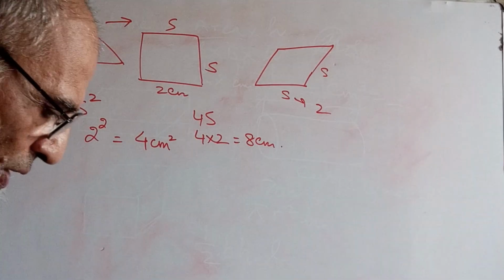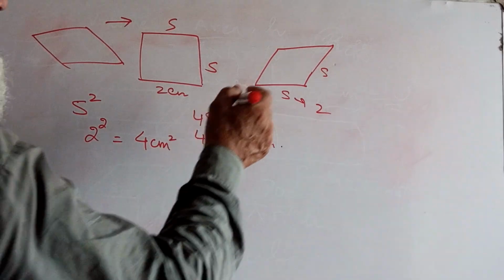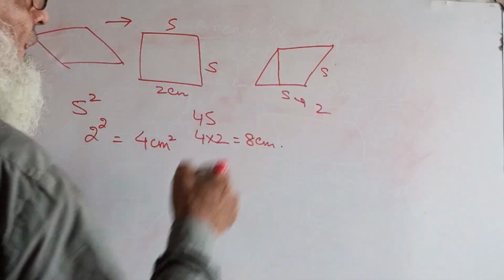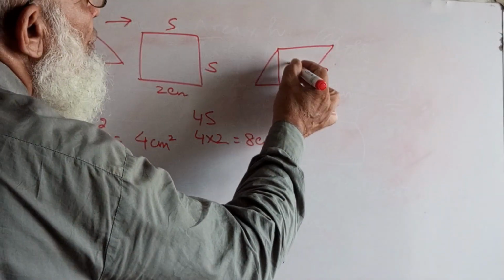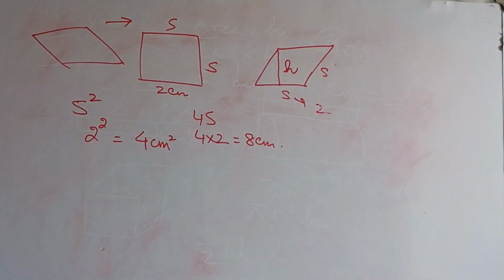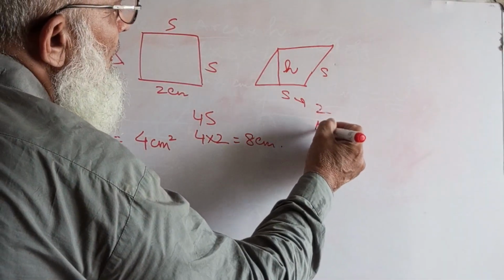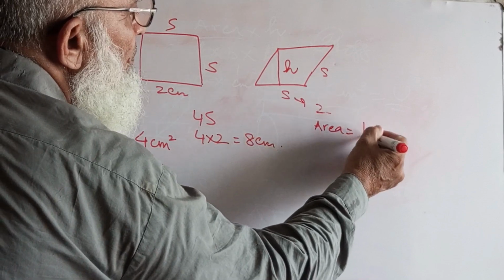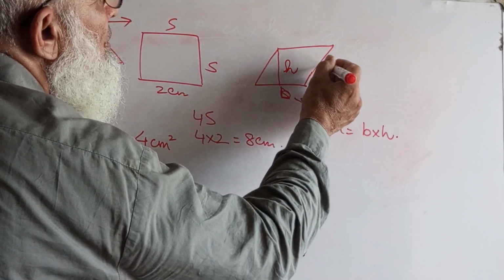And what about the area of the rhombus? Now, we have to drop a perpendicular from here to here, and that will be h. And the area of the rhombus is equal to B into H. Here B is this in your book.